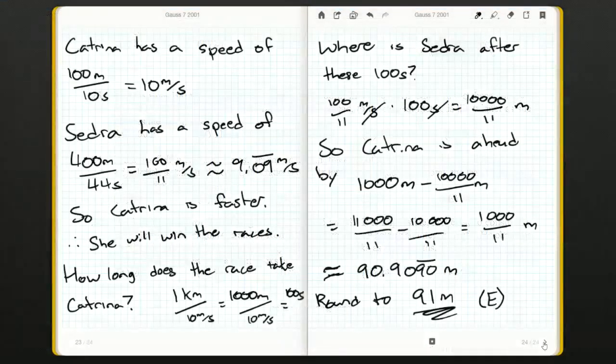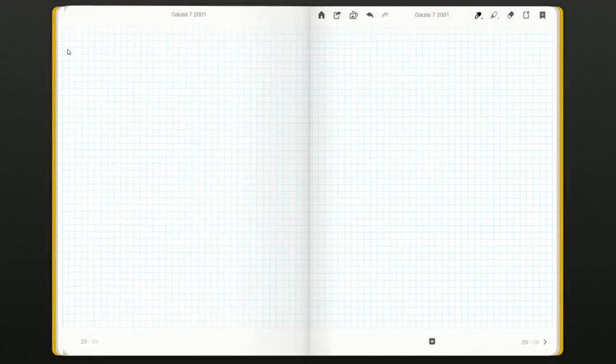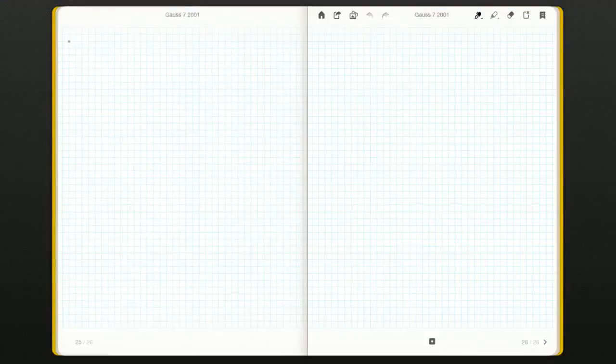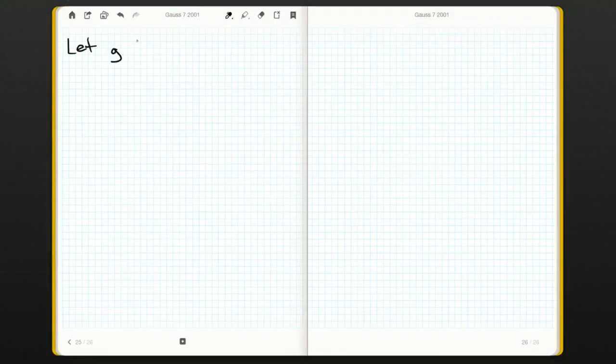So, once again, we need a new piece of paper, don't we? Let's just use a little bit of algebra. Let G be the number of guppies that he has in, let's say, the second aquarium.